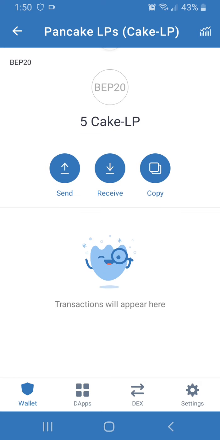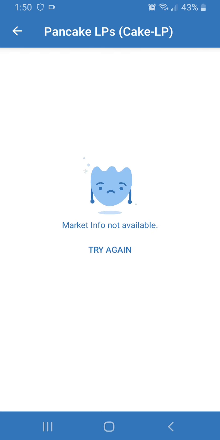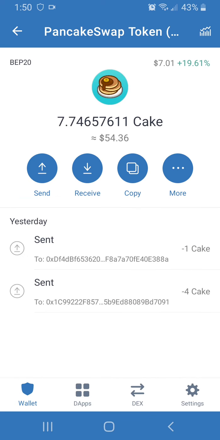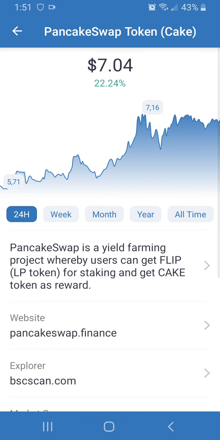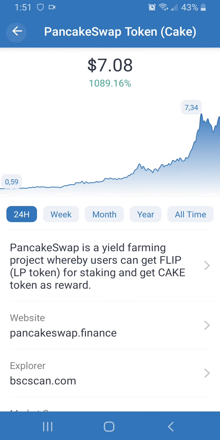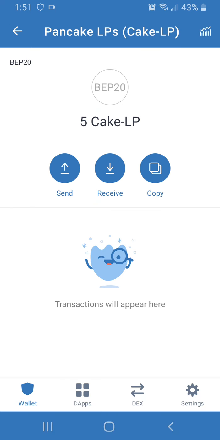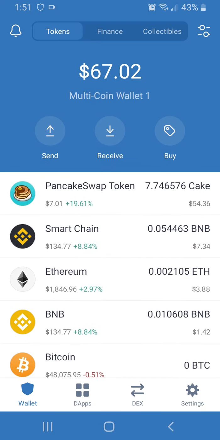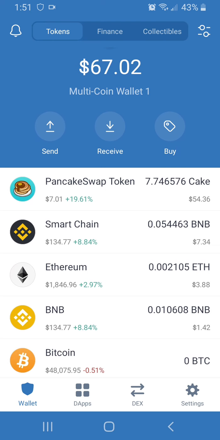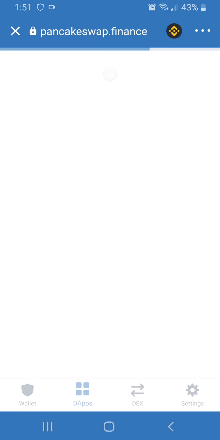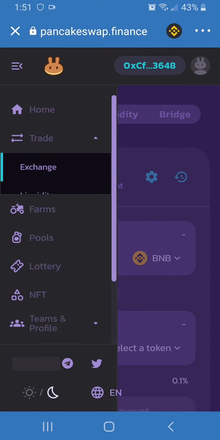So what I did do is I have my tokens pulled out. Now you'll notice that there's no value. If we go to Pancake, you'll see it has its trended values. No case for Pancake LP tokens, and you'll also notice it makes 0 difference to the balance at the top of the screen.